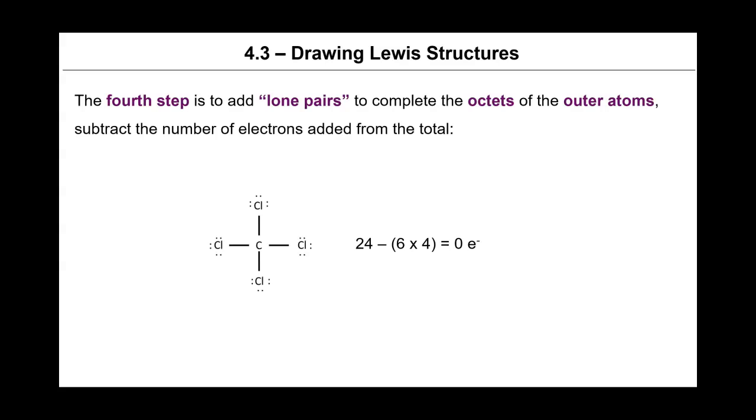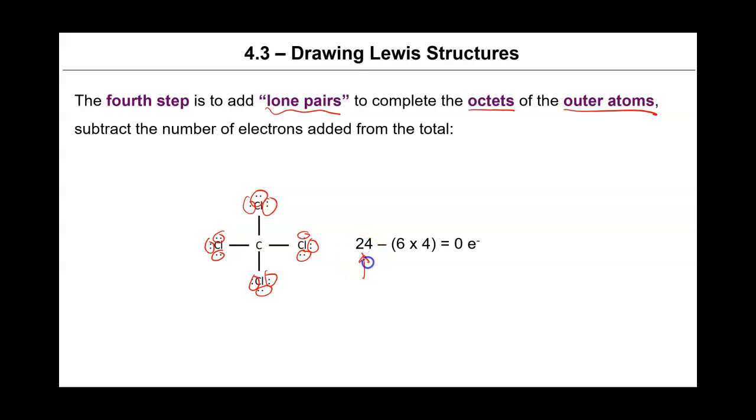So what we're going to do now is we're going to add lone pairs to complete the octets of all of the outer atoms. So in my case, I'm going to add 6 electrons as lone pairs to each of the 4 outer atoms. And we want to go ahead and subtract that number of electrons that we added to complete those lone pairs from the electrons that we have left over after step 3.